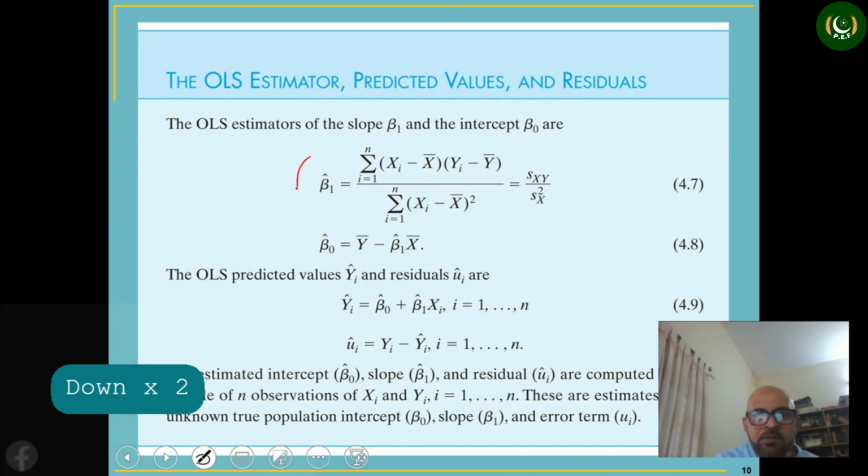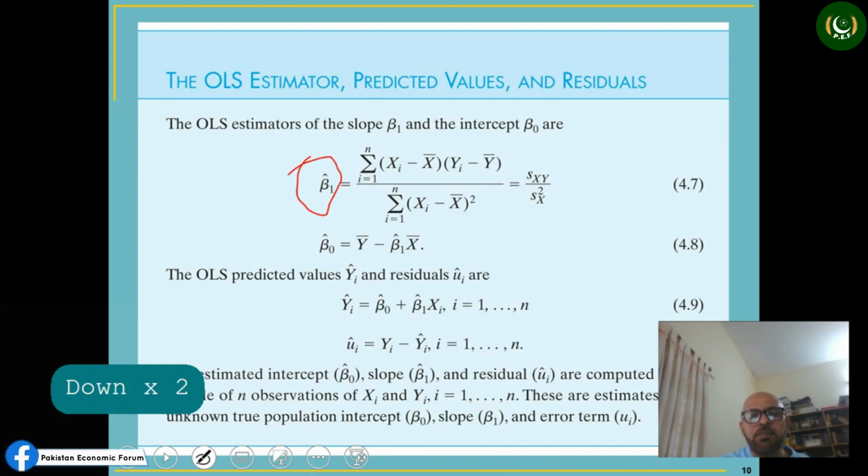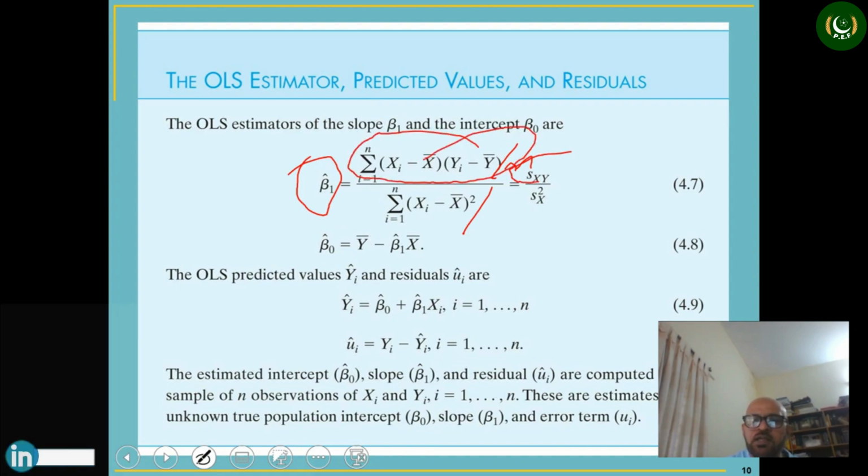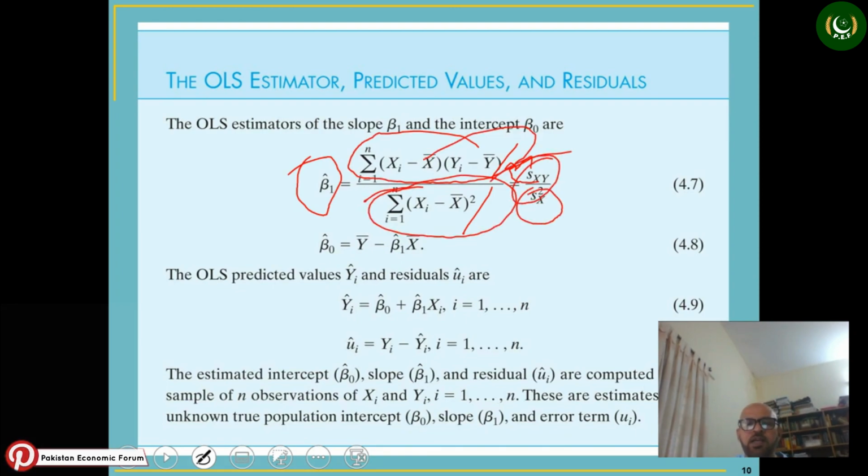So beta 1 hat is equal to the sum of (xi minus x bar)(yi minus y bar) divided by the sum of (xi minus x bar) squared. If I divide by n minus 1, the upper term is called covariance and the lower will become variance.